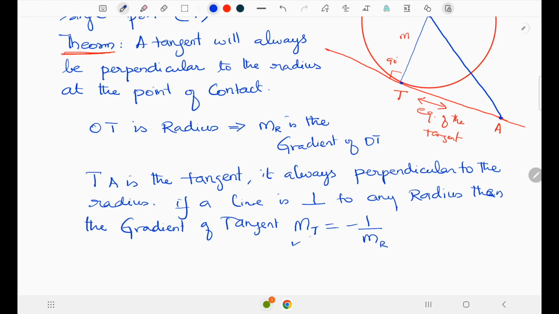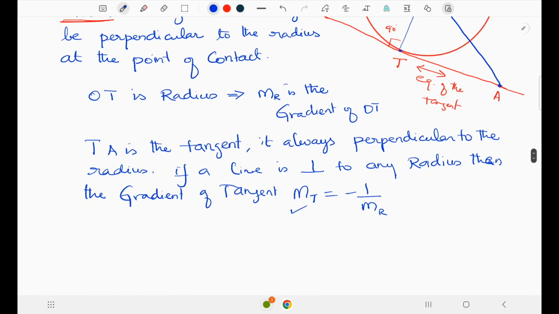Once we find the gradient of the tangent, we can easily formulate the equation of the tangent.